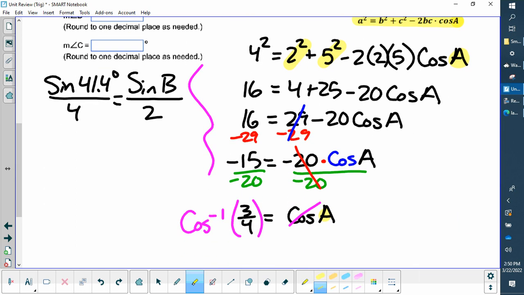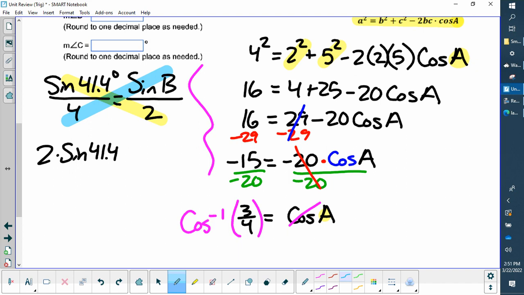Okay, I'm going to cross multiply. This times this equals that times that. So I get 2 times the sine of 41.4 degrees equals 4 times the sine of big B. All right, I would like this 4 to go away, so I'll divide each side by 4.